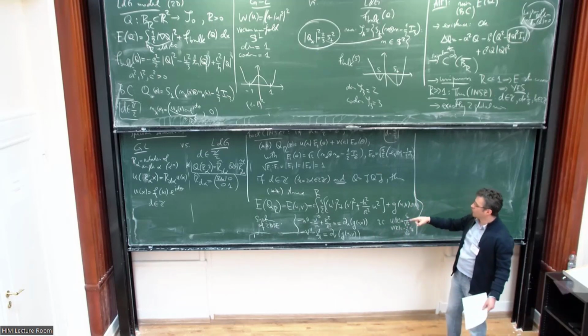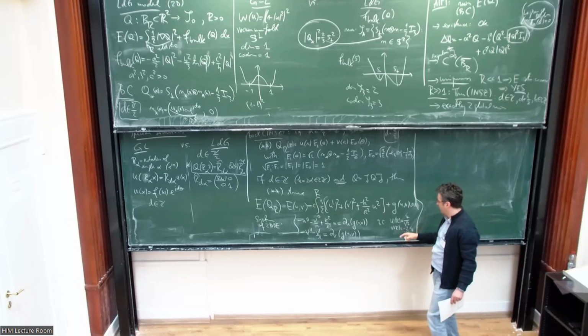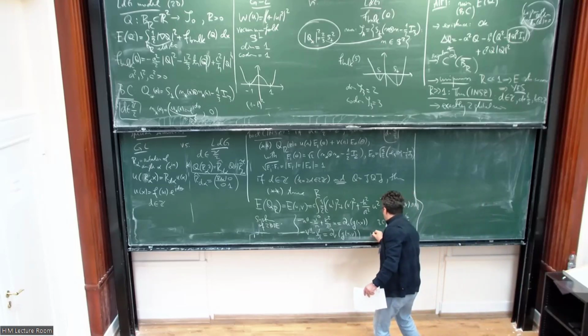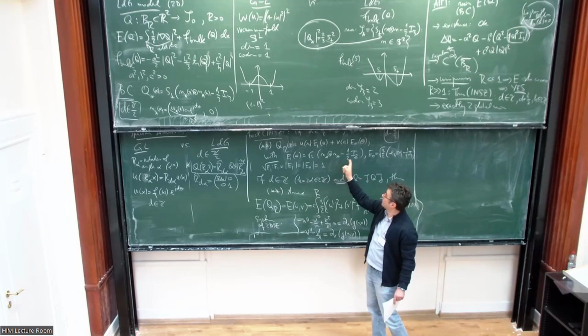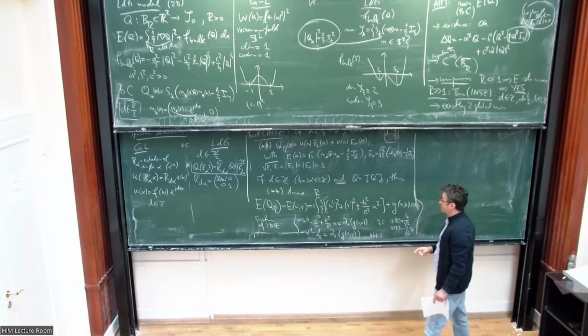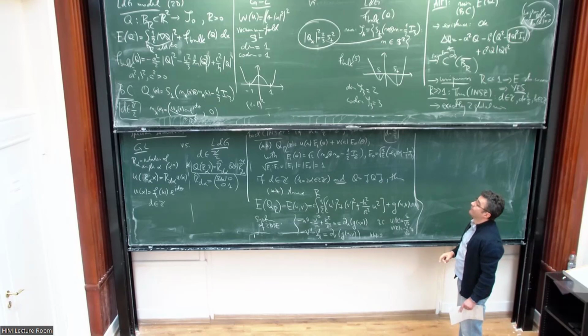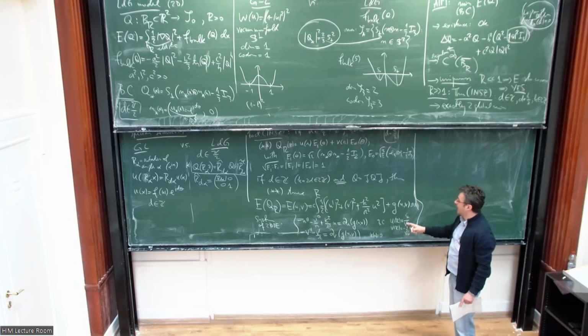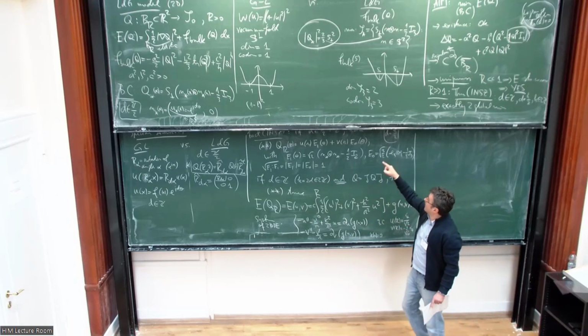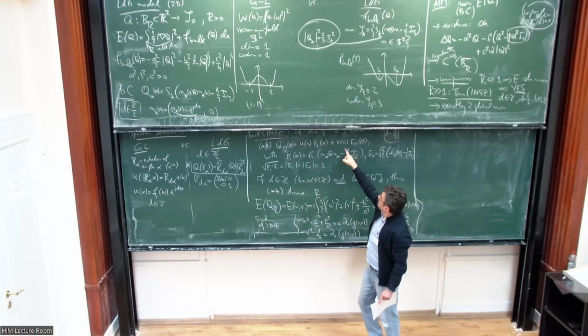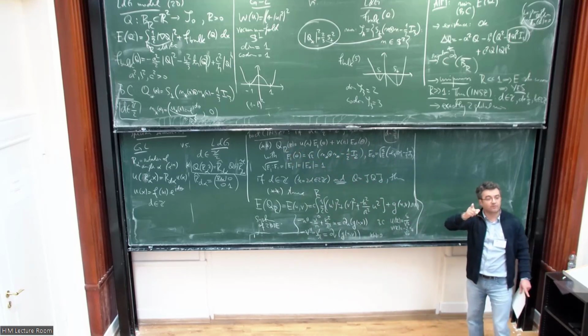And then, in order that this should be regular, in H1, you have also that in 0, U is 0. Otherwise, it's not in H1, because you are in 2D. And V has to be even, so the derivative in 0 should be 0.